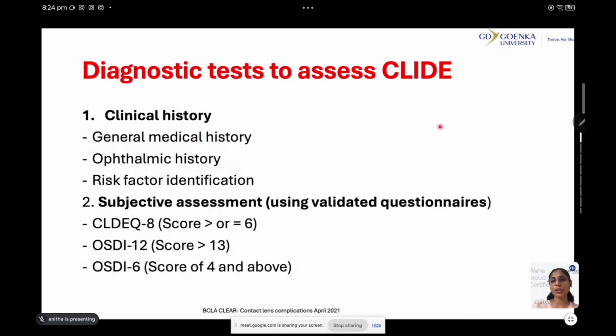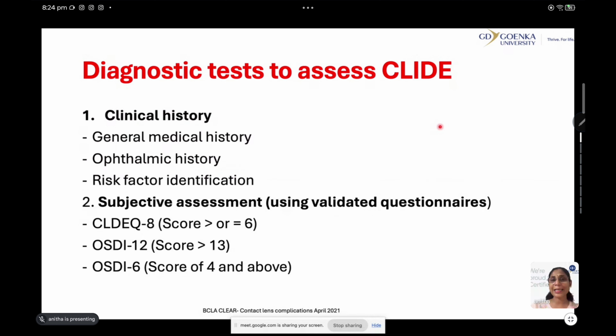Again, for each of the questionnaires that you use, you need to understand the cutoffs. A score of more than or equal to 6 in a CLDEQ-8 questionnaire means that it is positive for symptoms. A score of 13 and above in an OSDI-12 questionnaire and a score of 4 and above in an OSDI-6 questionnaire means that the patient is symptomatic for dry eye. So symptoms are very, very important.